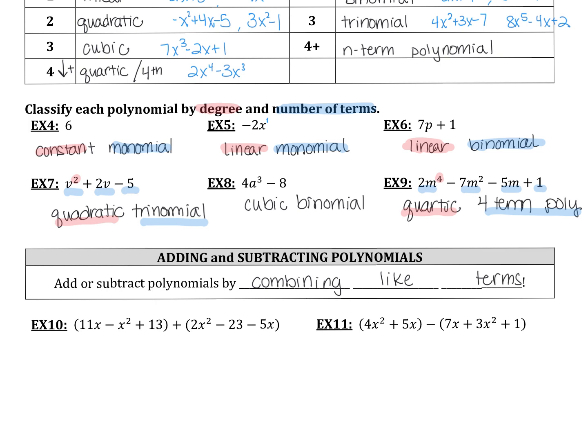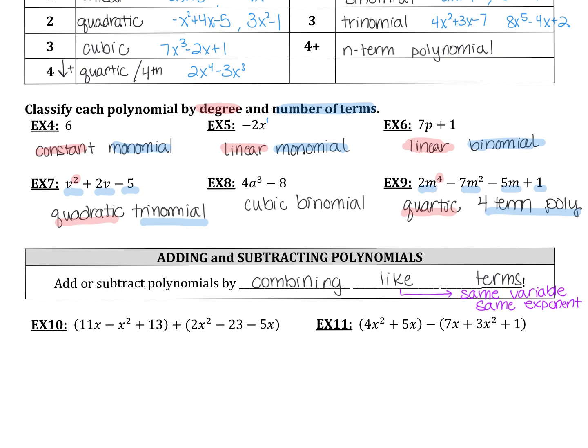Just to make sure we're all on the same page, what does it mean to be a like term? We have to have the same what? Same variable with the same exponent. So if I have an x squared and an x squared, I can combine them. But if I have an x squared and an x, I cannot.